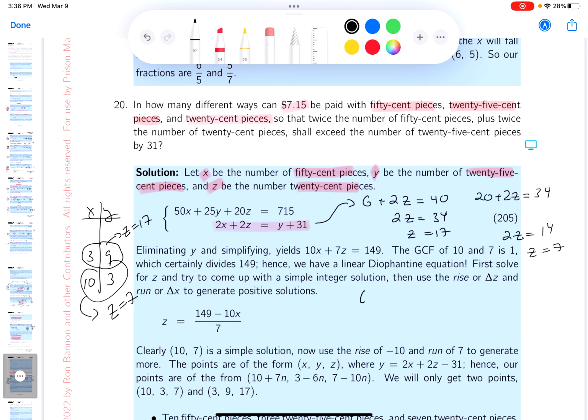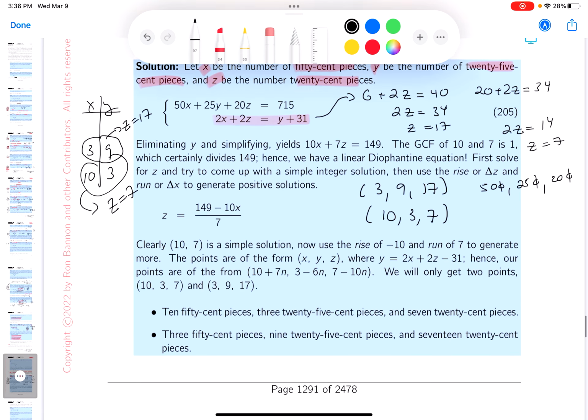So one of the answers I have is 3, 9, 17, and the other answer I have is 10, 3, 7. With the understanding, you have 50-cent pieces. I'm sorry, you have 50-cent pieces. So these are the 50-cent pieces. And the second one would have been the 25-cent pieces. And the third number is going to be the 20-cent pieces.